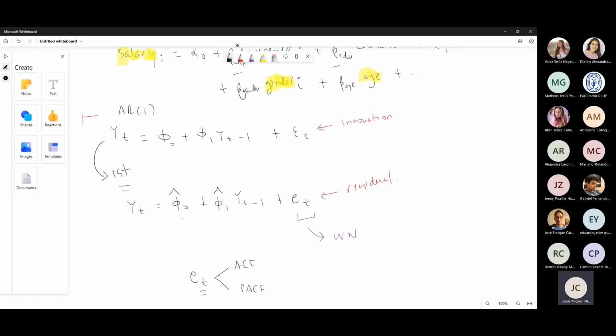In R, you just run this function, okay? And it will show you something like this.